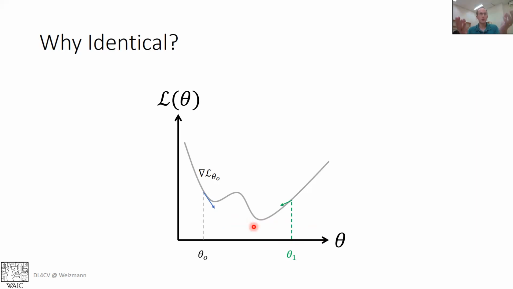And basically we are updating two different models. We are solving two different optimization problems. This is not joint optimization. This is not parallel processing. So this is why it's so crucial to make sure that the two models on the different devices are indeed identical.